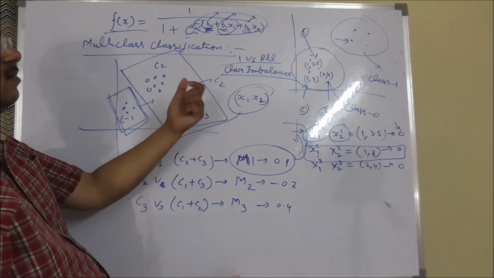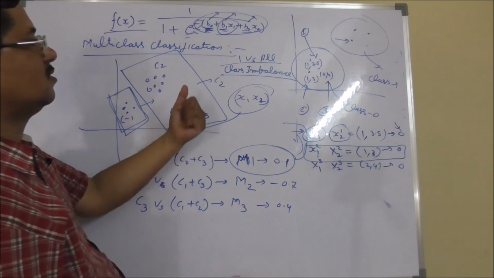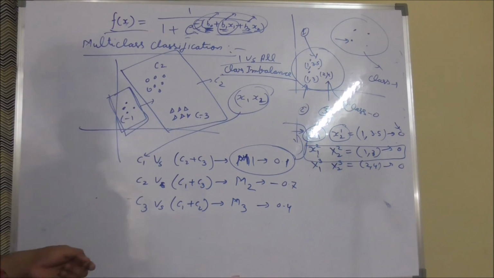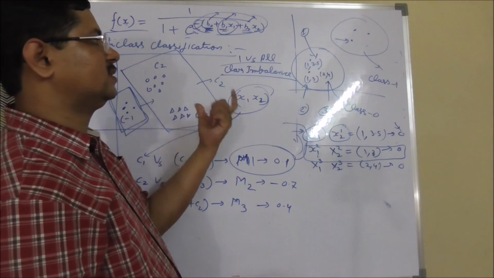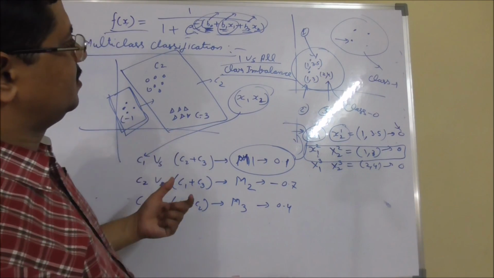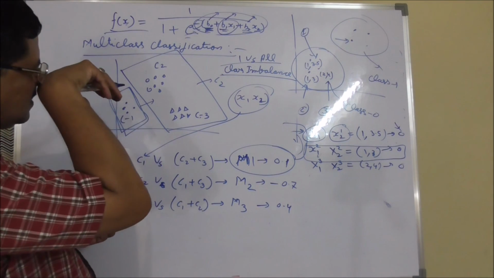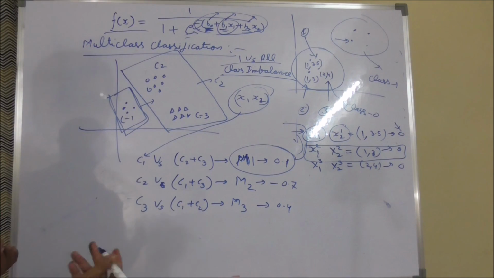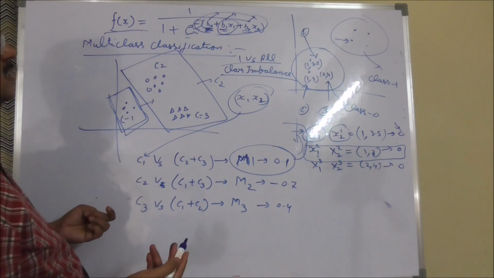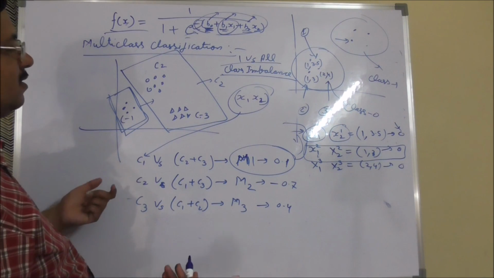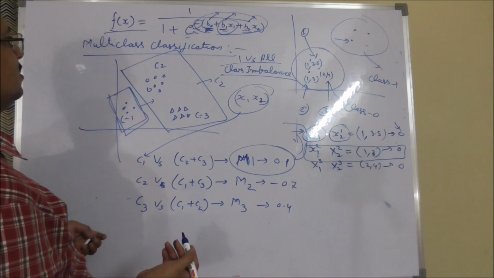There are a lot of ways to solve this class imbalance problem by using upward sampling, downward sampling, AdaBoost, and some other boosting algorithms. So we can apply a lot of things to solve this problem.